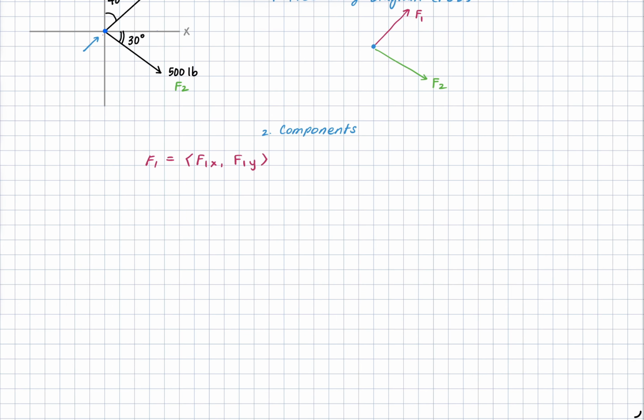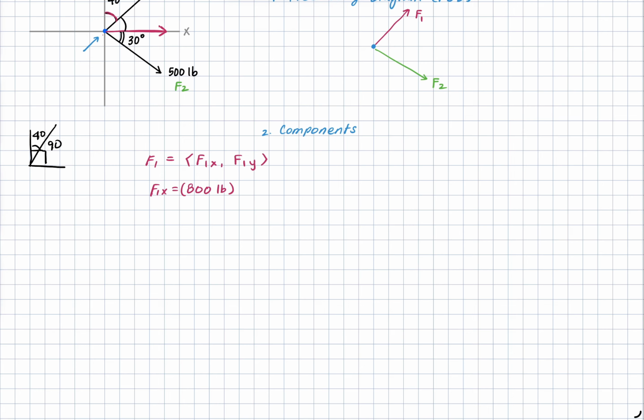To do so, all we have to do is take the magnitude of force 1, which is 800. So F1x equals 800 pounds times the cosine of this angle over here. So how can I get this? We know that a right triangle has a 90 degree angle, and we have this angle of 40 degrees here.